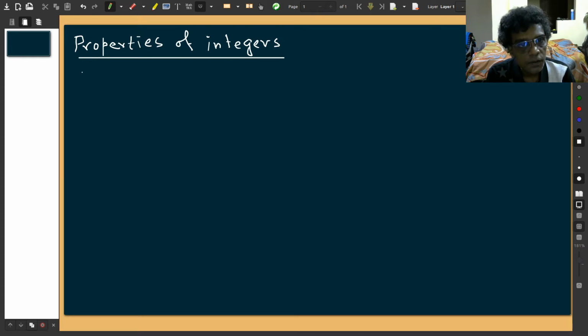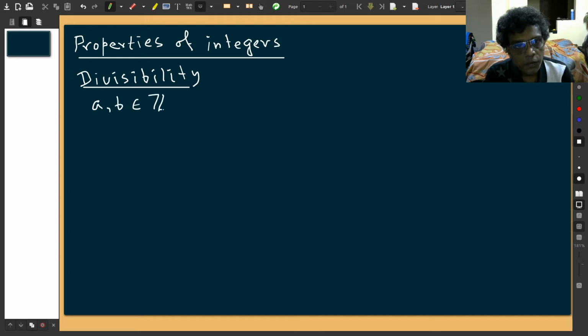First, I introduce a very important concept of divisibility. So, let us take two integers a and b, positive, negative or 0.